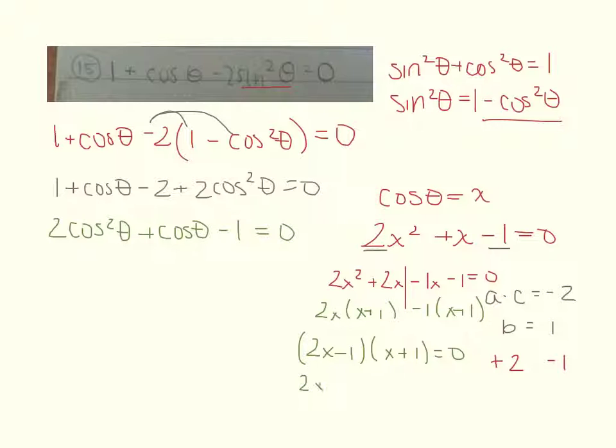So I have 2x minus 1 equals 0, 2x equals 1, x equals 1/2, or we have x equals negative 1. Looking at that, our x was actually cosine. So going back into the problem, we have that cosine theta equals 1/2, and cosine theta equals negative 1.